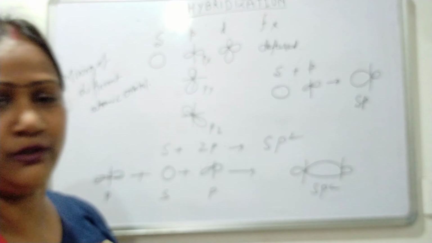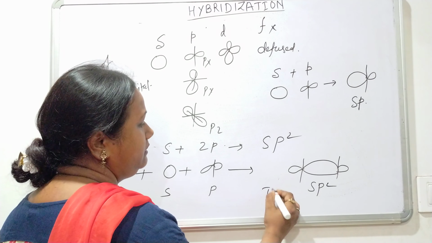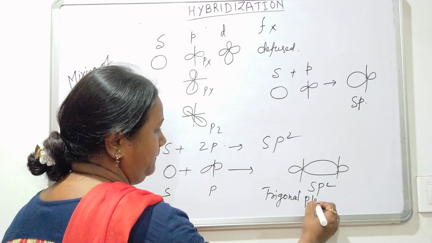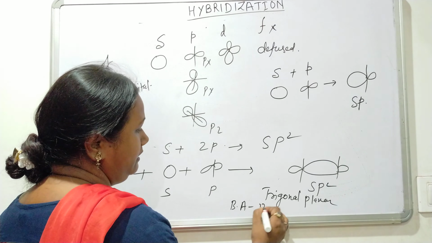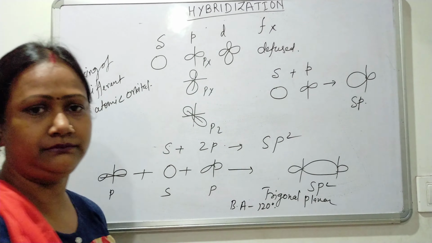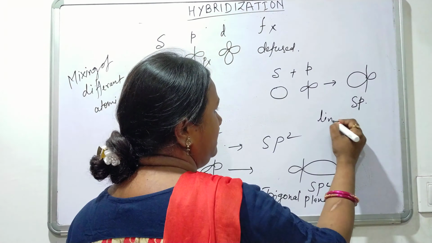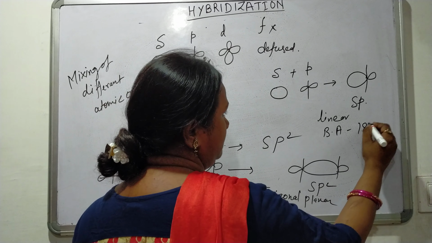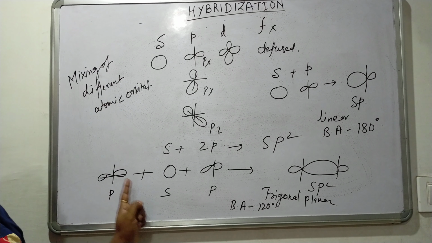Do you know the structure of sp2 hybrid orbital? The sp2 hybrid orbital has a trigonal planar structure, and the bond angle is 120 degrees. Here the sp hybridized orbital has a linear structure and the bond angle is 180 degrees. Understood?